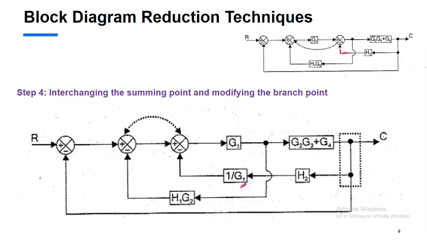And next step, we are interchanging these two summing points and modifying the branch point. Instead of having two connections on the same line, we are making a separate connection, like this. This is what modifying the branch point is. You are interchanging these two summing points, so this path will come inside and this path will come outside.